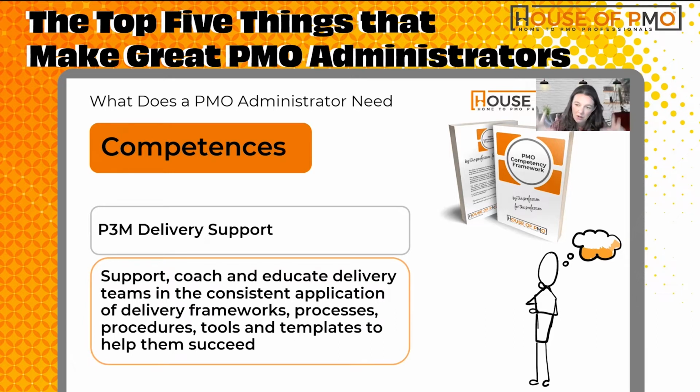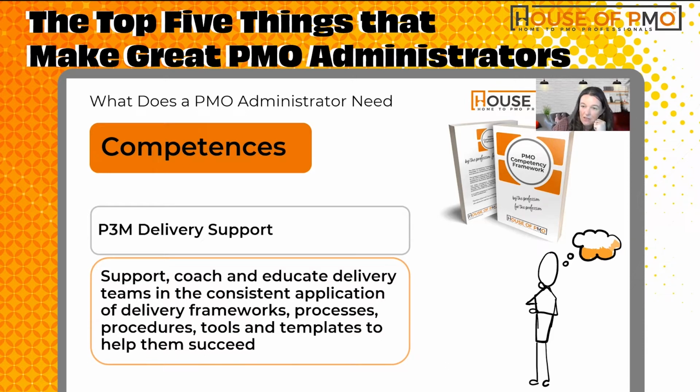But whatever framework you're working within, ultimately your job is to support all the way through that life cycle, using various processes, different tools, different templates, all of that kind of good stuff. You're doing it right across the delivery life cycle, and in certain areas such as risk management, change control, all of those things that you've just listed. So those are the competencies, yeah.